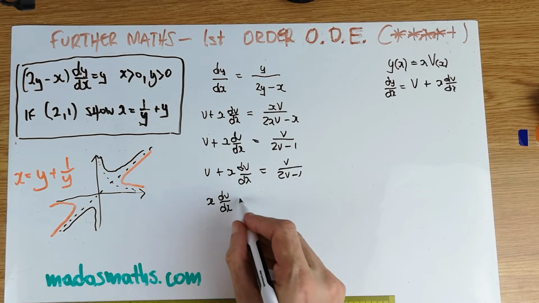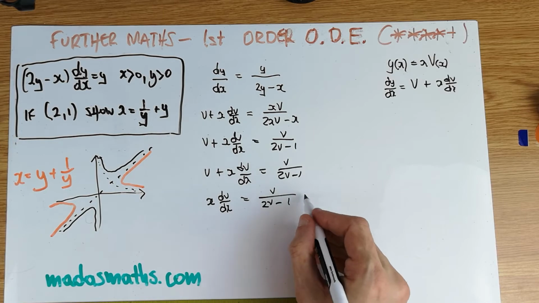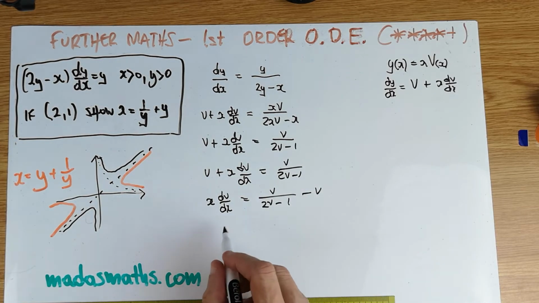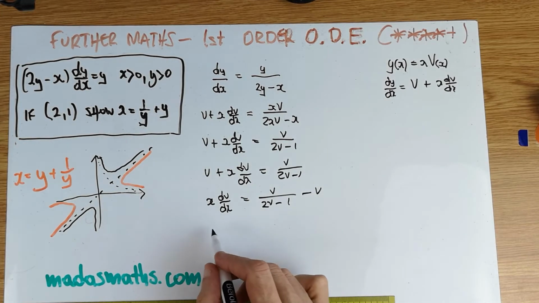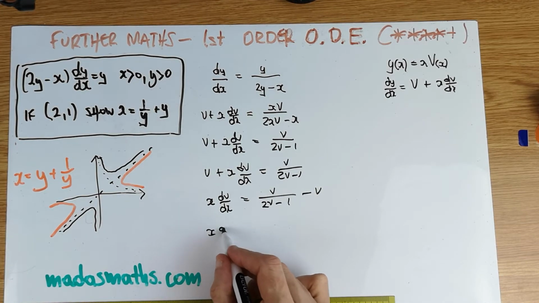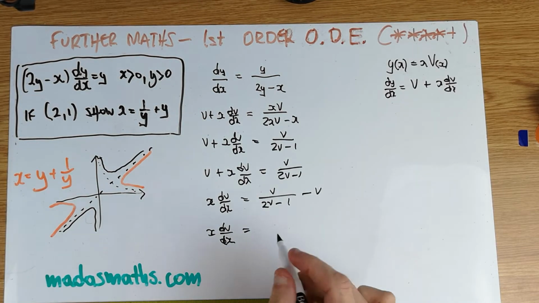This is longer, as I told you, and I don't know how difficult the integration will be at the end of all of this, but this is very, very standard. I think in most boards, substitutions from differential equations appear in kind of extra further maths. I call it further maths. I don't know what modules, different boards use different names.